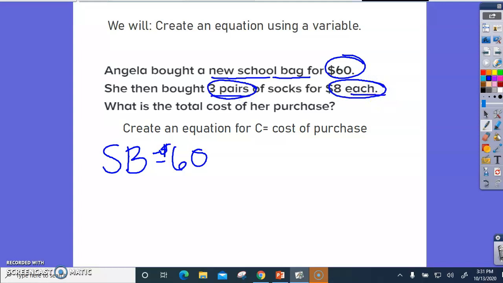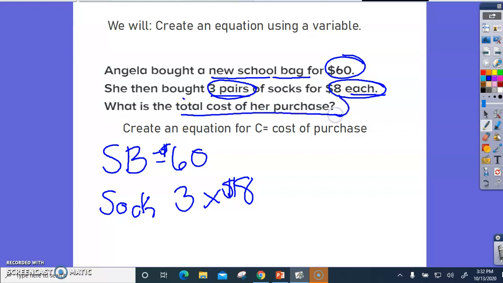So I know that her socks were 3 pairs for $8 each. The question asks, what is the total cost of her purchase? So I'm looking for total.